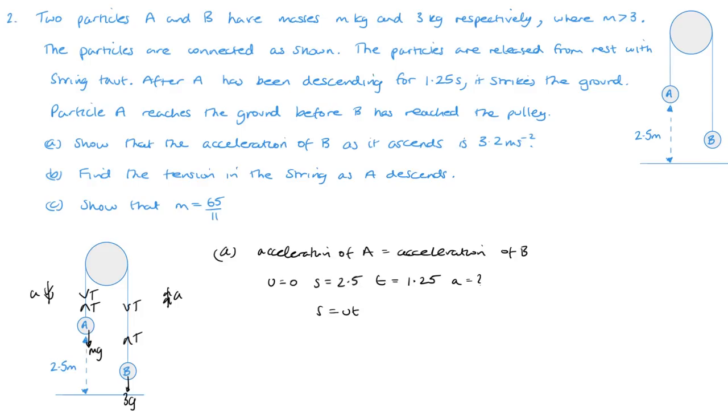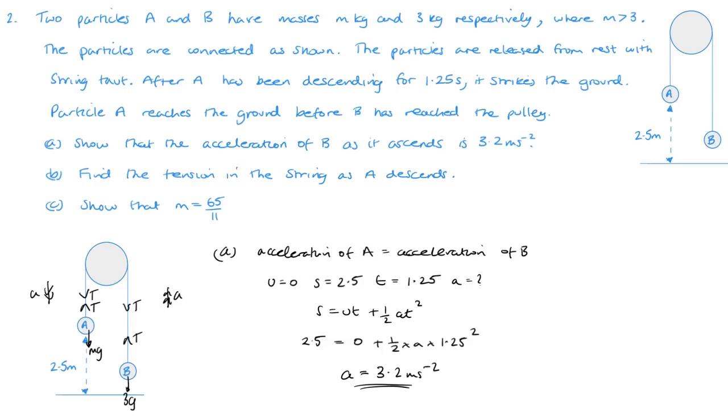So that's s equals ut plus a half at squared. So 2.5 equals 0 plus a half times a times 1.25 squared. And if we rearrange this, a equals 3.2 meters per second squared.